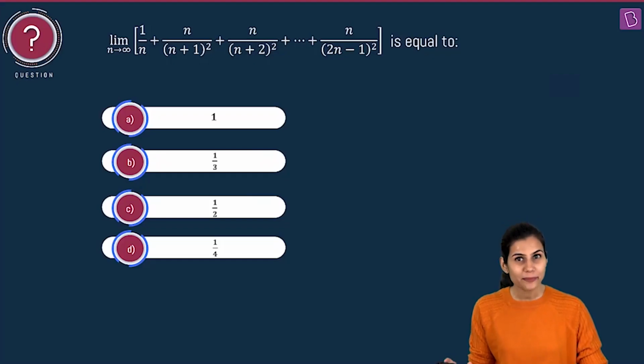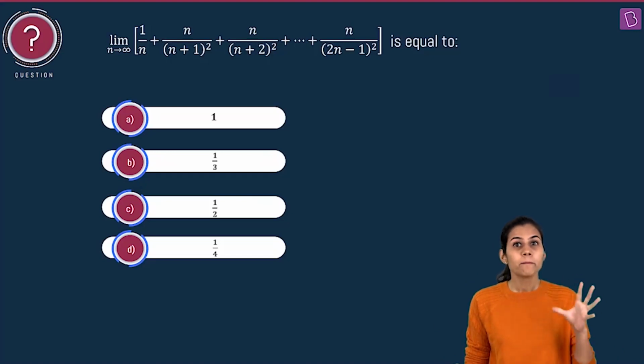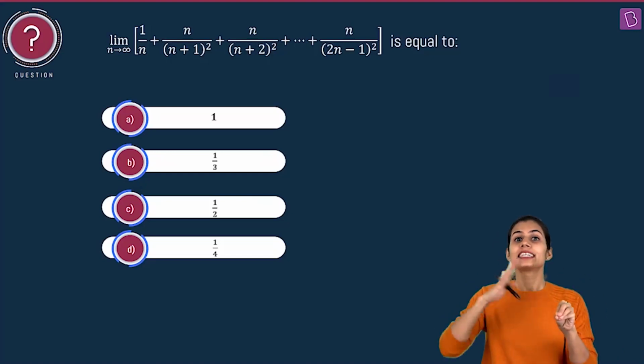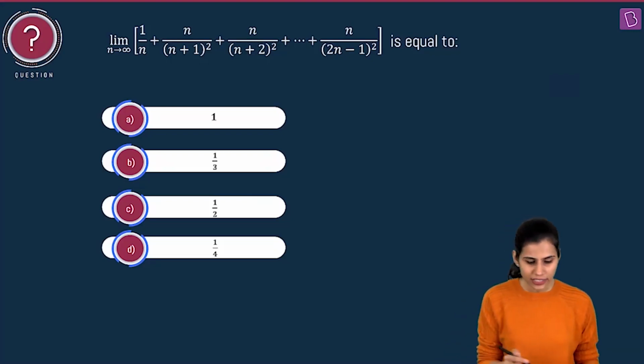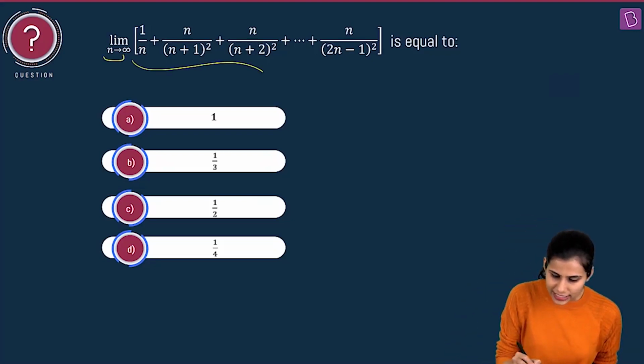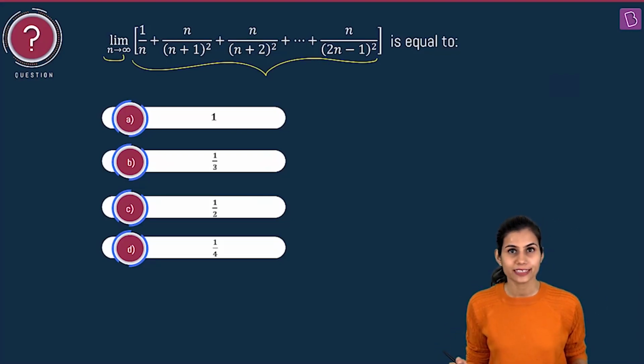Coming up next from the family of limits is this question which belongs to a very famous and popular category, that is computing a definite integral as the limit of a sum. You can clearly make out the expression that you can see here has a limit and this jumbo expression which is a sum of many terms.